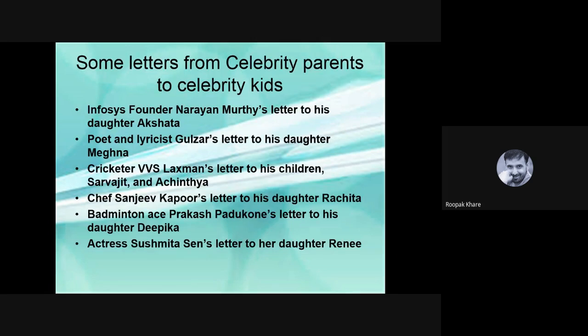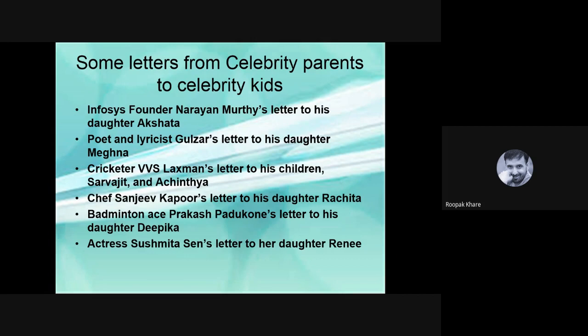Okay, since we're talking about written communication and we have discussed so many things, I would recommend something. Not as homework or an assignment, but I would recommend that you read these. These are beautiful pieces of written work. These are letters written by celebrity parents to their celebrity kids. You must read them.